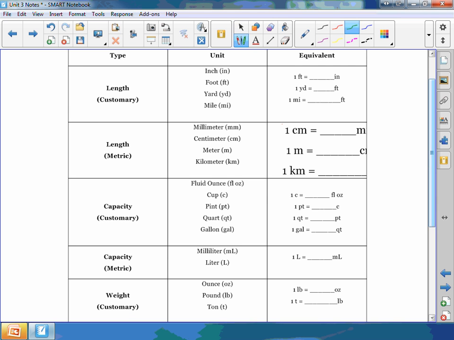So, a foot, how many? 12? A yard, 3? Yeah, 3 feet. A mile. 5,280 feet, yeah.